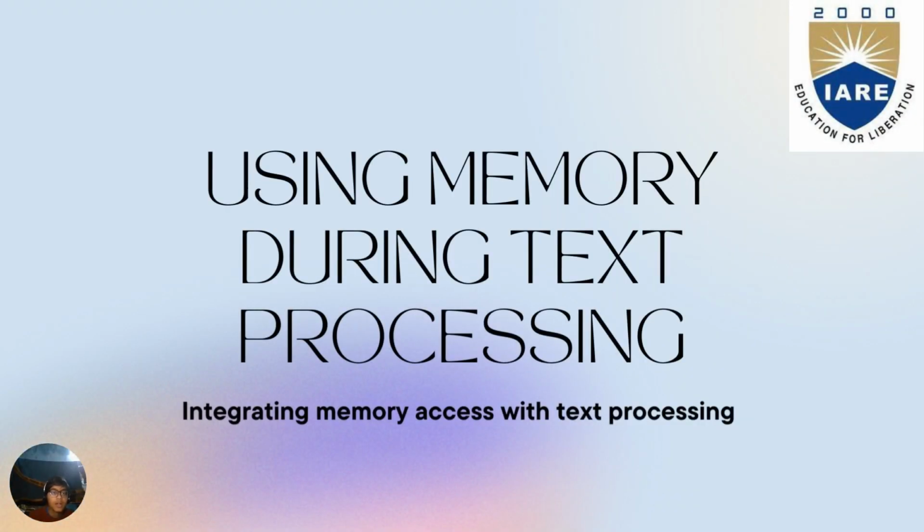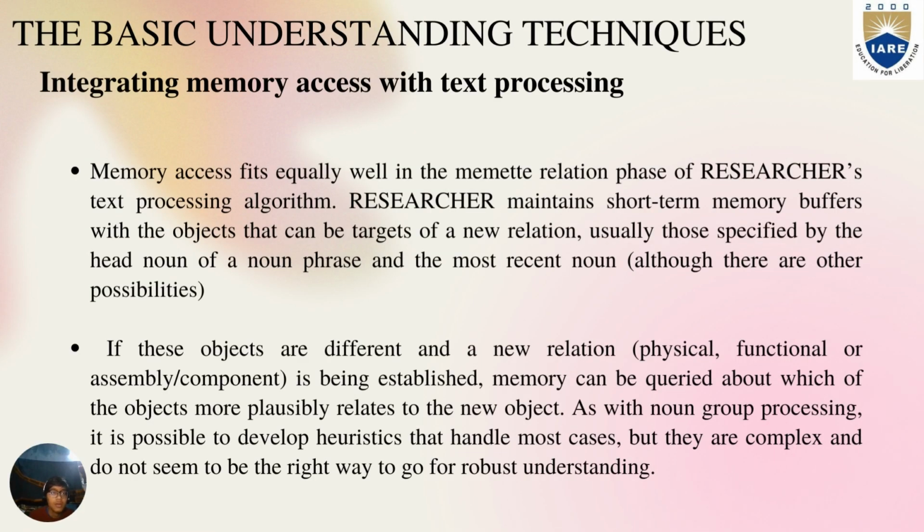Now, integrating memory access with text processing. Asking the disambiguating question fits nicely with the overall researcher text processing algorithm. Researcher's save and skip noun group strategy naturally accommodates memory-based disambiguation as the program is processing the items from its short-term memory stack.